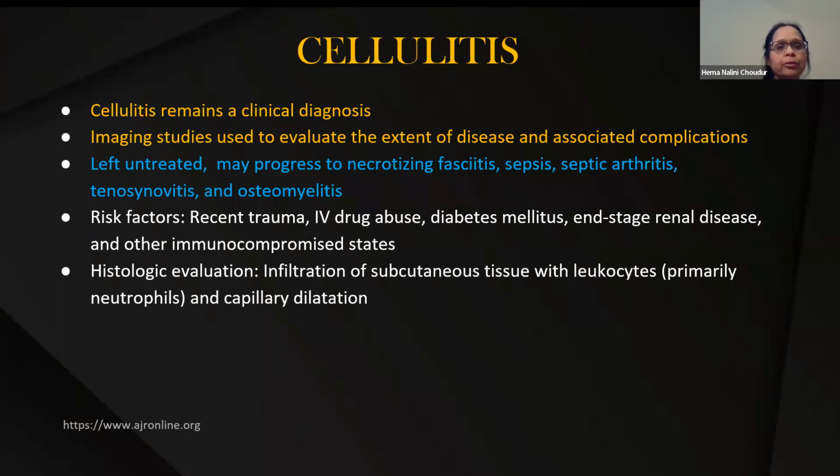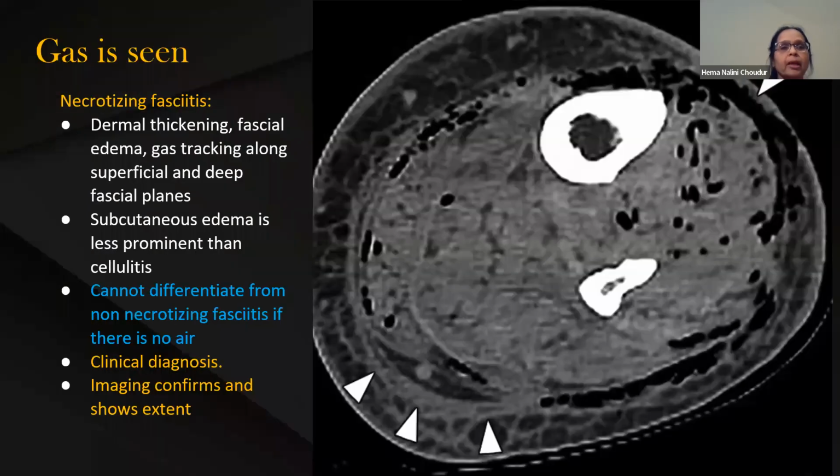But if it is left untreated, there the radiologist has a role to play, because it can progress to necrotizing fasciitis, sepsis, septic arthritis, tenosynovitis, and osteomyelitis. So I won't go into further imaging and differentials there. But if you see gas, as you see here on the CT, we all know that we use CT to call necrotizing fasciitis.